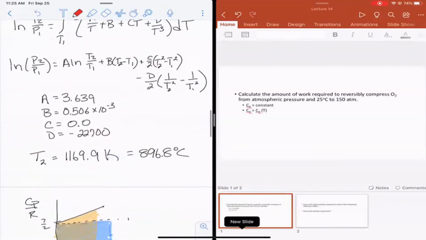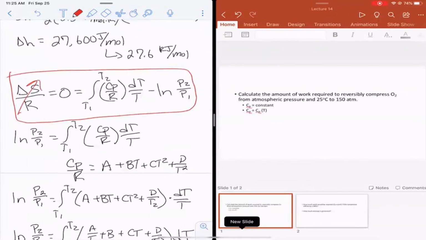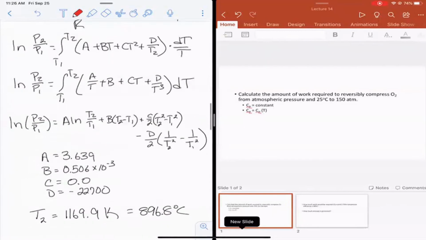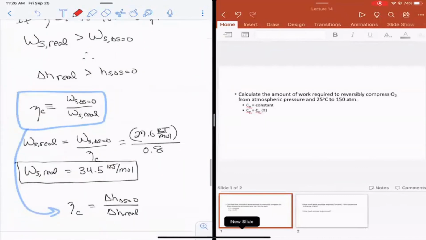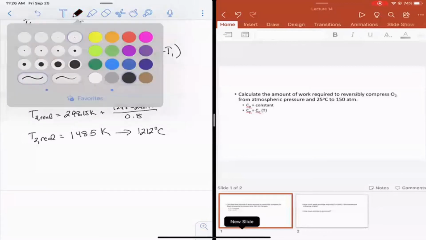And we will end up essentially every time also solving that equation where delta S is equal to 0. So just keep that in mind. Every time that we're going to do a compressor or turbine problem moving forward, we will solve for the isentropic case.